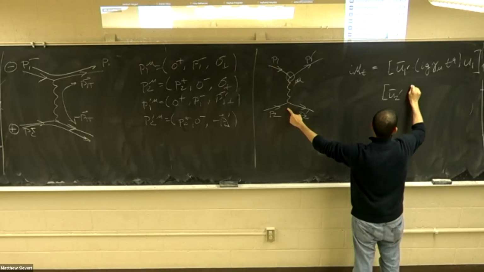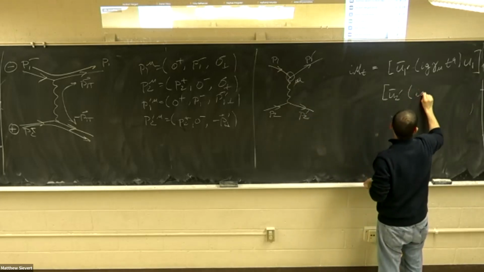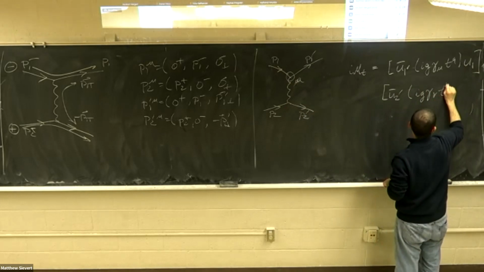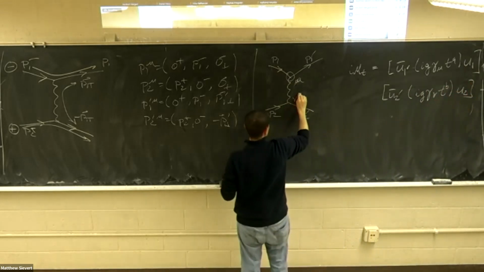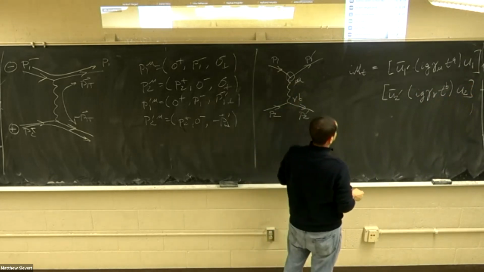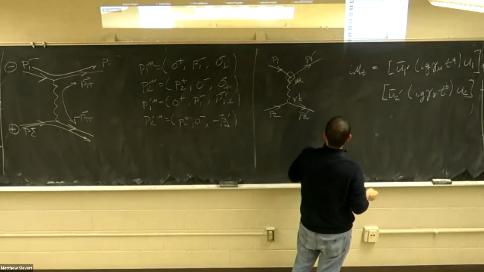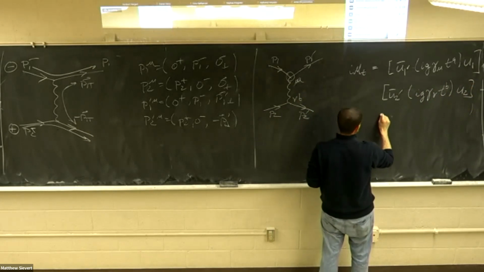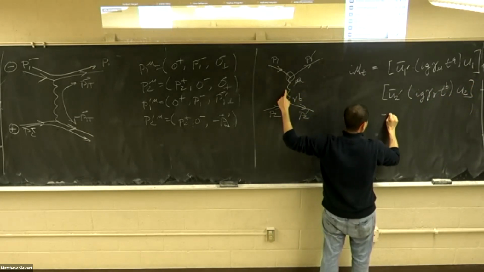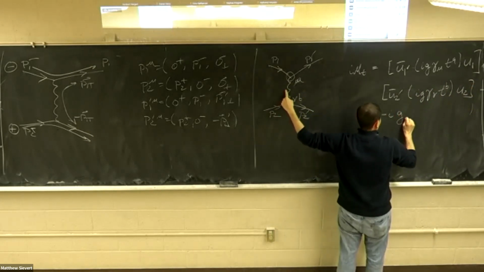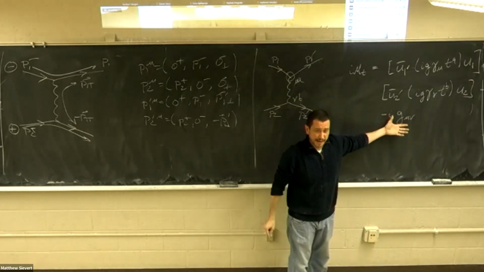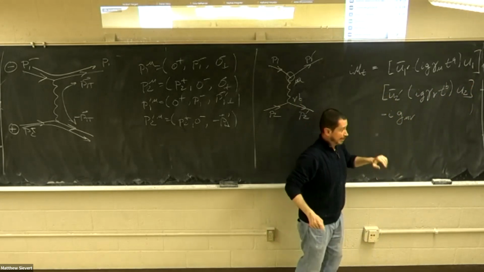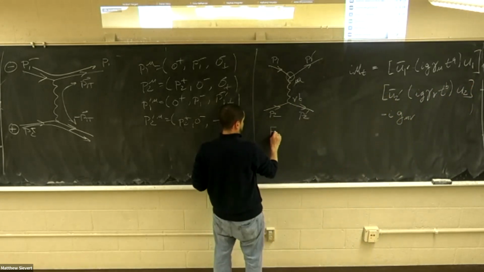I have the counterpart vertex here, i g gamma nu T B. So here I call this nu and B. I've got the 2 vertices, and then the last thing that I need is the propagator for the gluon. That is minus i g mu nu over q squared in Feynman gauge. The propagator changes depending on what gauge you're in. For simplicity of the calculation, I'm going to work here in Feynman gauge.